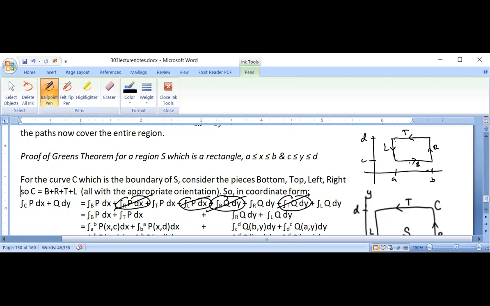So we can say that P is just a function of x comma d. And also notice that along the bottom part, x goes from a to b. And then along the top part, since we have to consider the orientation, this is a path after all, x goes from b to a, because you have to follow the direction of the orientation of the path.